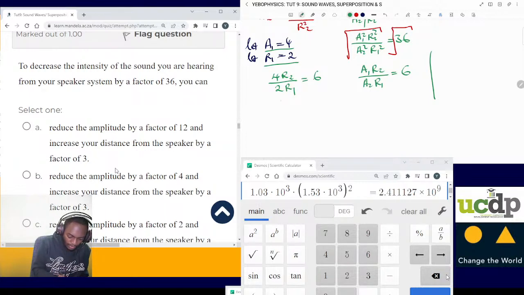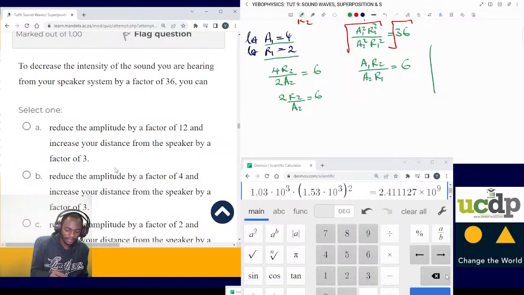That becomes 2R2 over 2A2, that becomes R2 over A2, which is equal to 6.